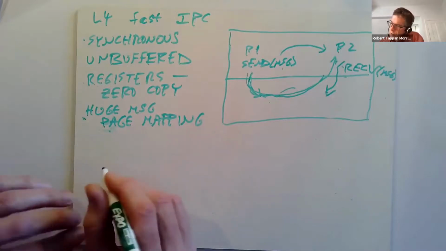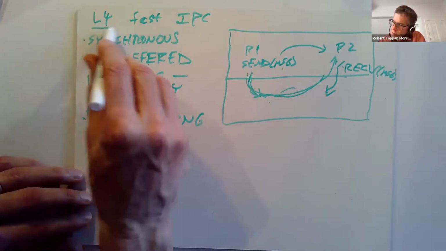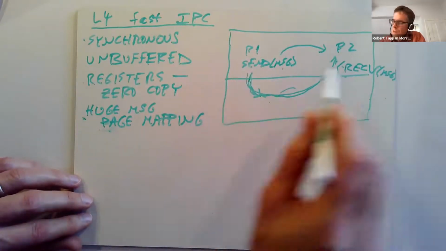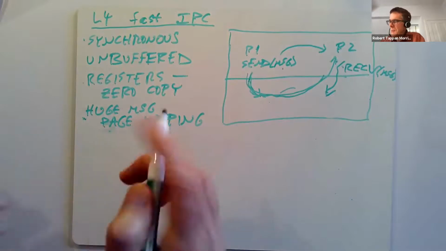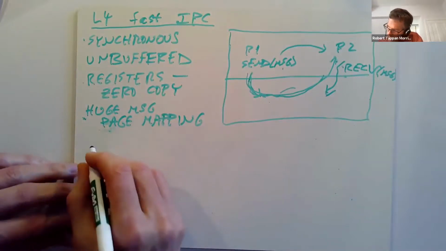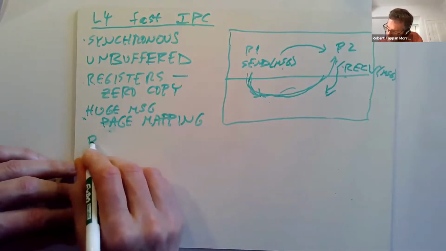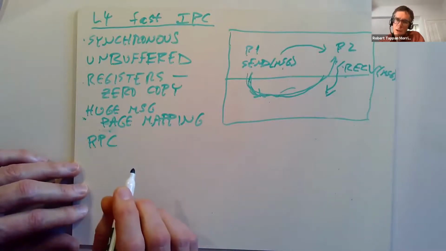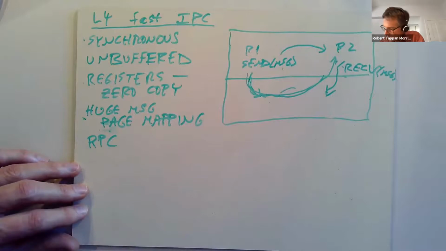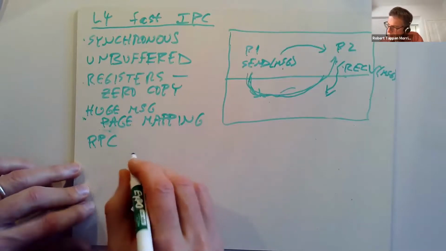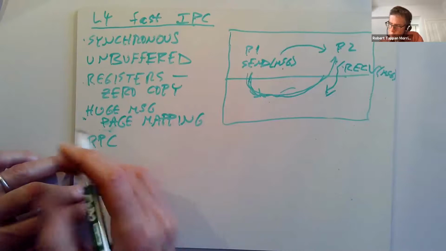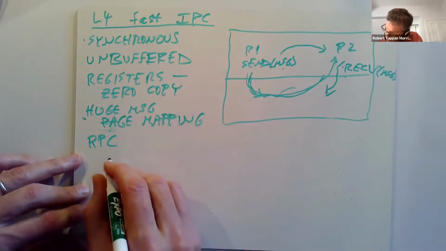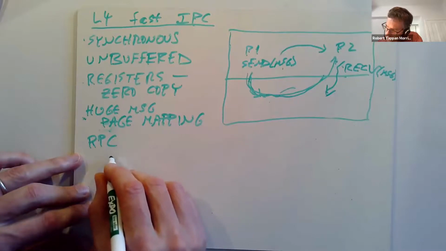And a final trick that L4 played was noticing that if you're doing an RPC with a request and a response, there's a very stylized pair of system calls, and you may as well combine the send and receive system calls in order to reduce kernel crossings. So for the special case of RPC, which is almost always what people are doing when they're using IPC, there was a call system call.